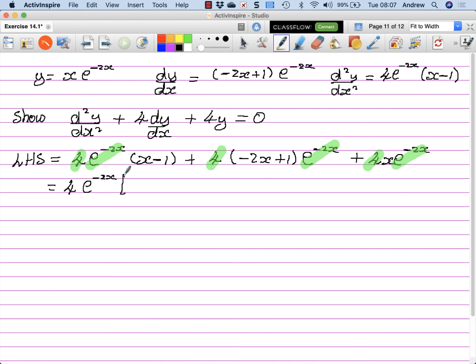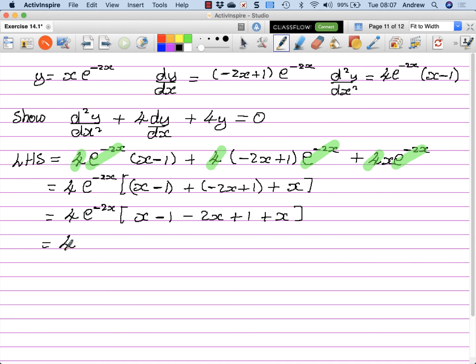And that leaves us with x minus 1 in bracket plus minus 2x plus 1 in bracket plus, we've taken out the 4, taken out e to the minus 2x, so we're just left with an x. Now we're doing a tidy up line, 4e to the minus 2x, and tidying this up, so we've got x minus 1 minus 2x plus 1 plus x.